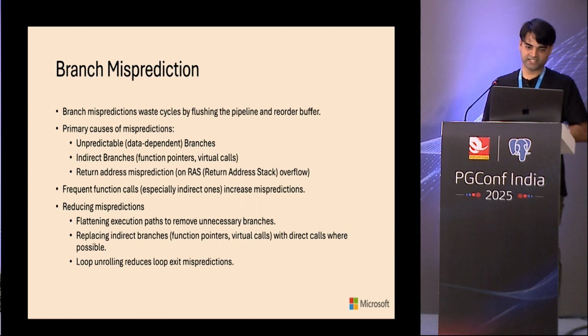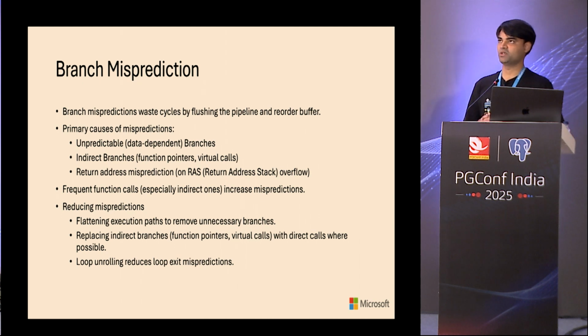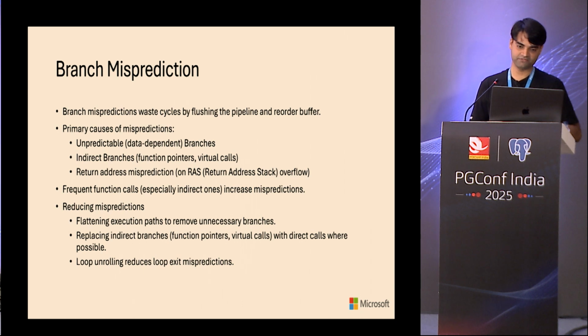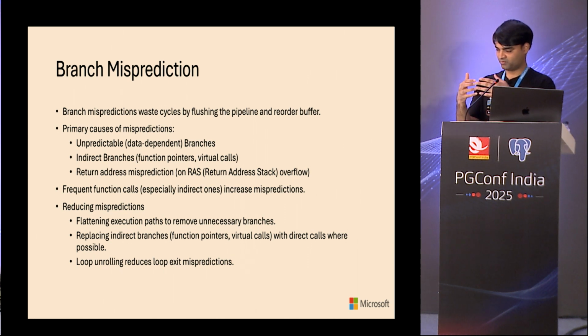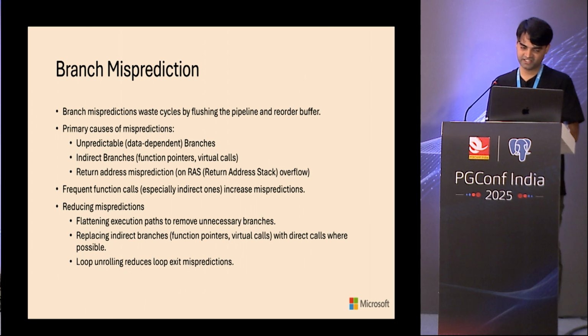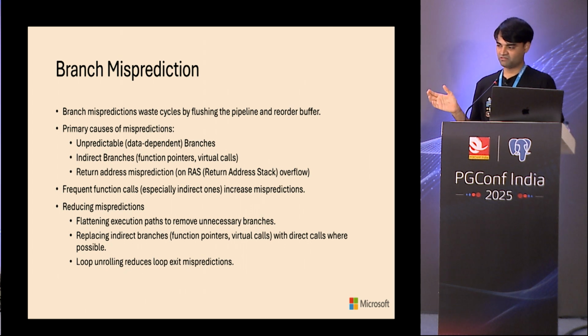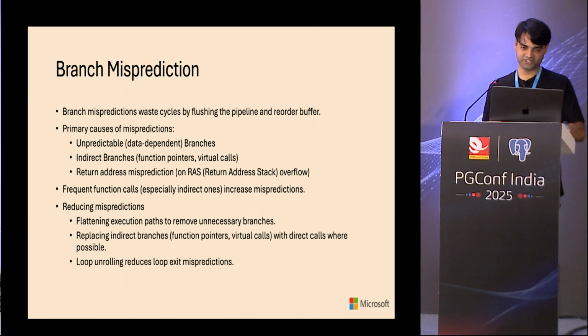Another reason is indirect branches. If your code has many function pointers and virtual calls, then the jump instructions in your program are a problem: the branch target predictor is not able to predict which instruction will be executed next, because you have to read the function pointer's value to be able to jump to that address.